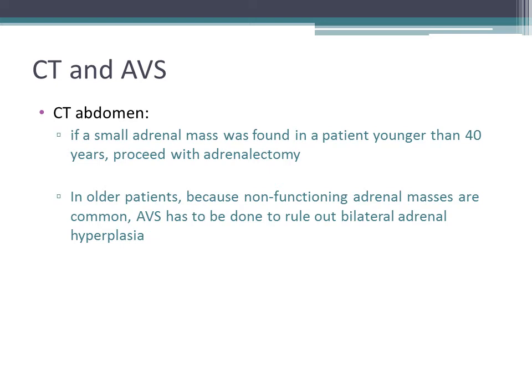Localization is through imaging. The best modality is CT of the abdomen with and without contrast, and it's important to know that aldosterone-producing adenomas are typically small tumors that can be missed.